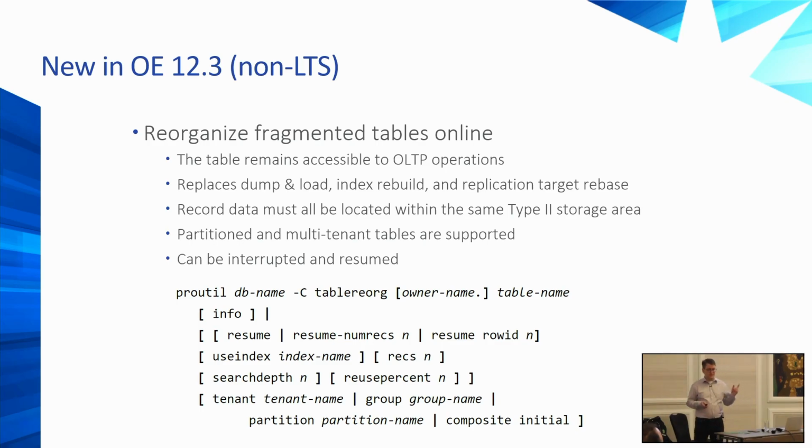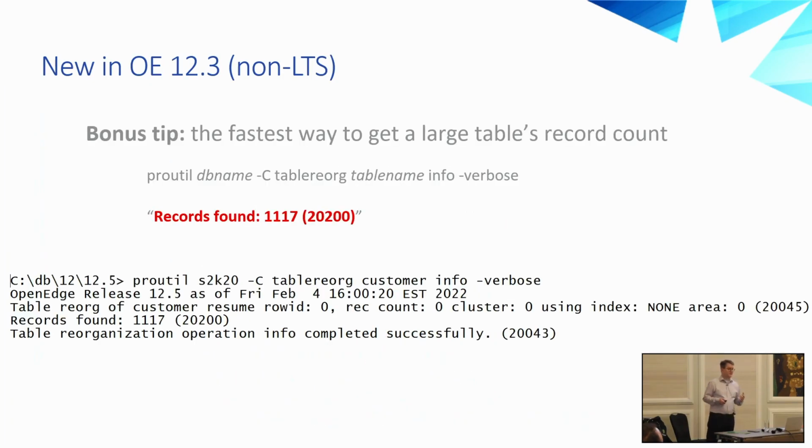And a nice little bonus feature about this is that it now represents the fastest way to get a record count on a table. If you specify this -info switch on a tablereorg, it won't actually reorganize the table. It'll just give you a status update on the table, and you'll see here it says records found 1117.